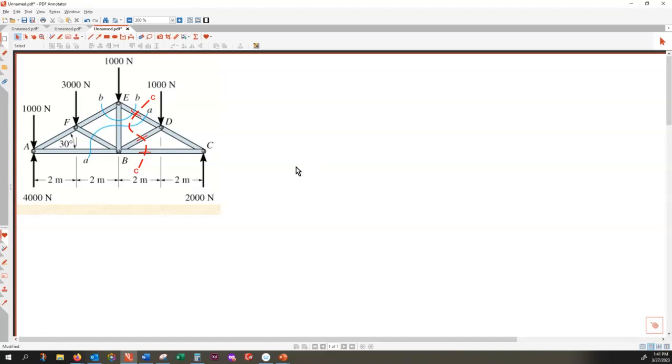Okay, so the decision was we decided to solve the left-hand side.